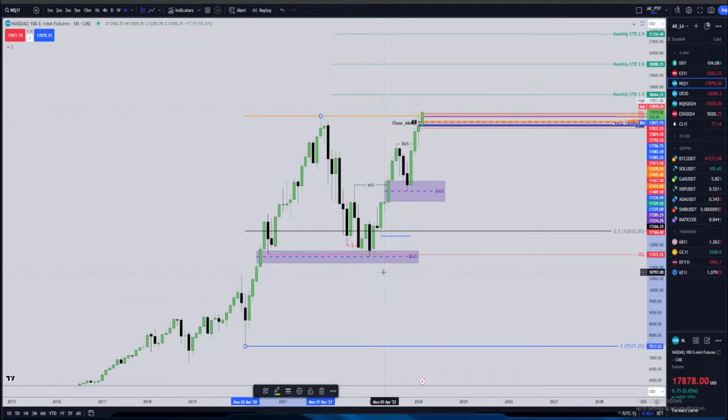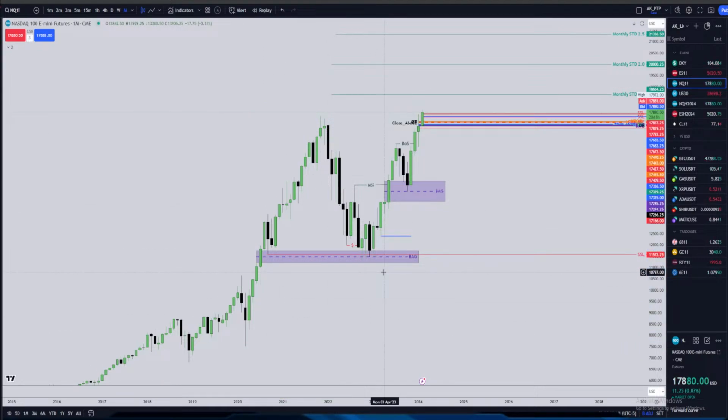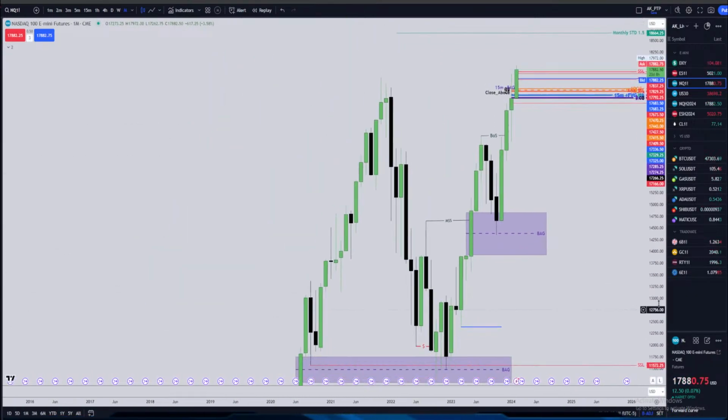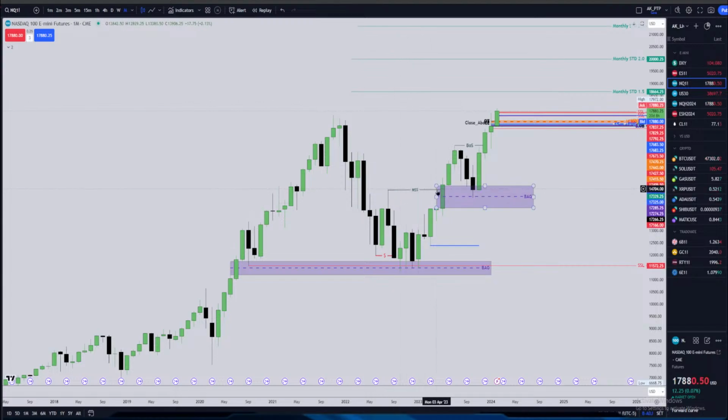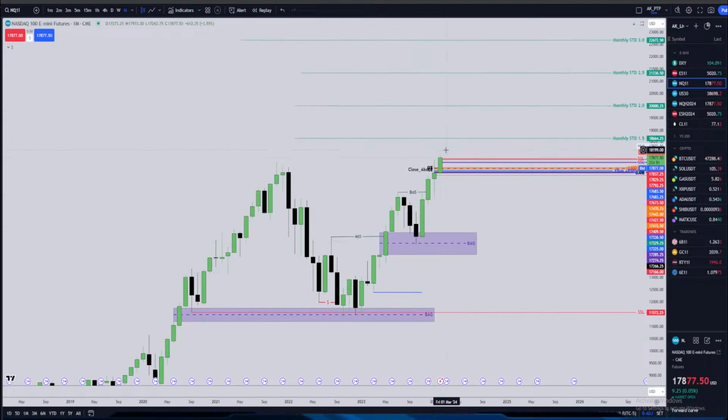If you are watching ICT's videos, you know what I mean by extending it. He has talked about it so many times. But anyway, on the monthly level, when market structure was shifted over here, market traded into that fair value, market going higher. See, I have MSS written here but BOS written here. Why break of structure?